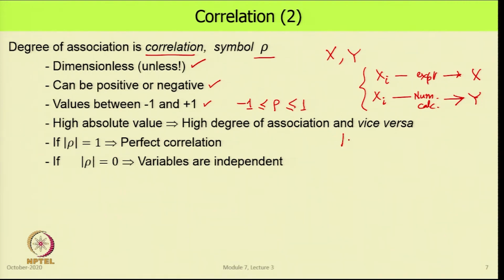So, this basically means that mod rho is getting close to 1, 0.9, 0.95, 0.99 like that. But if mod rho is very small, of the order of maybe 0.1 or 0.001, then we say that the degree of association is very weak.